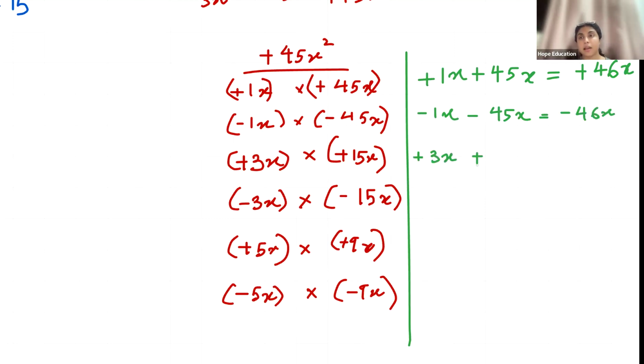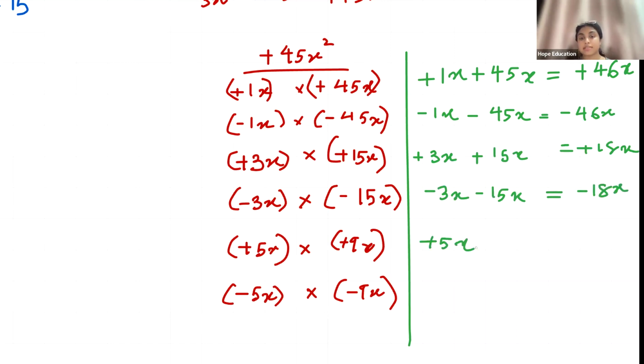Minus 3x minus 15x, we get minus 18x. Plus 5x plus 9x, we get plus 14x. Seems like this is the answer, no? Minus 5x minus 9x, we get minus 14x.